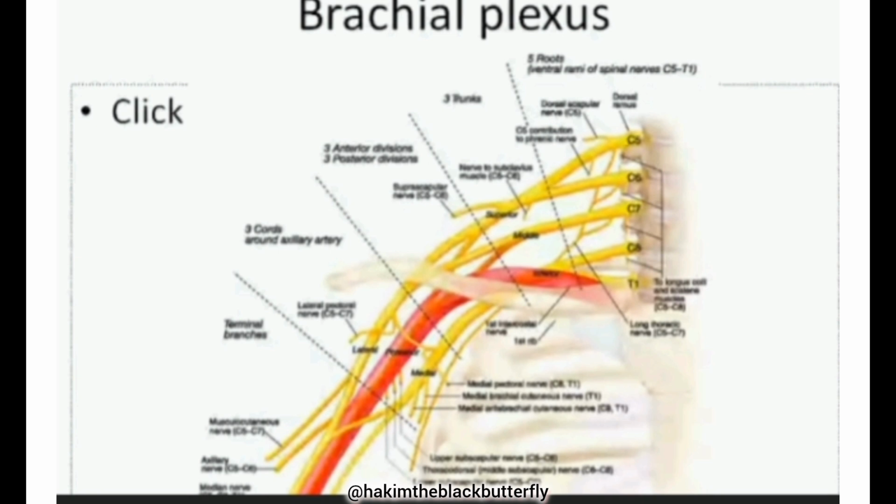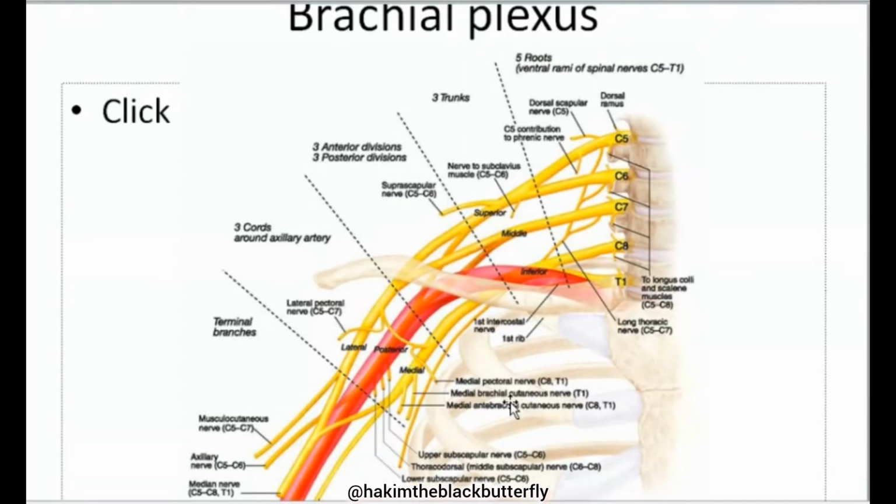So what did I say is meant by the brachial plexus being prefixed? Who can answer? I've talked about the brachial plexus being prefixed and postfixed.